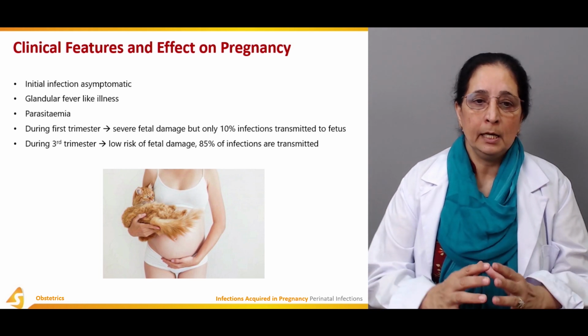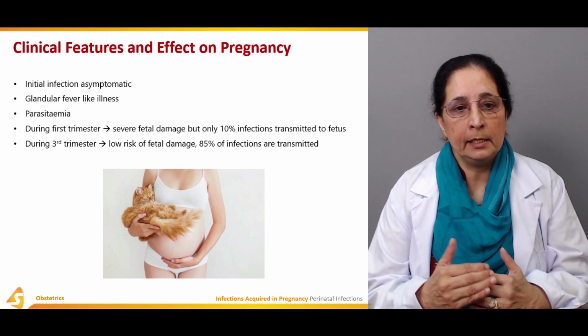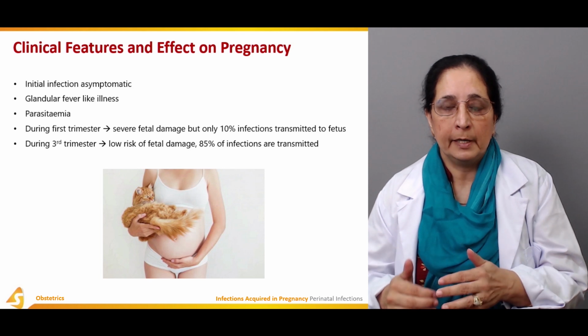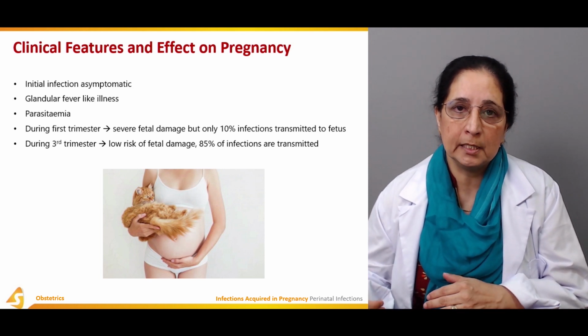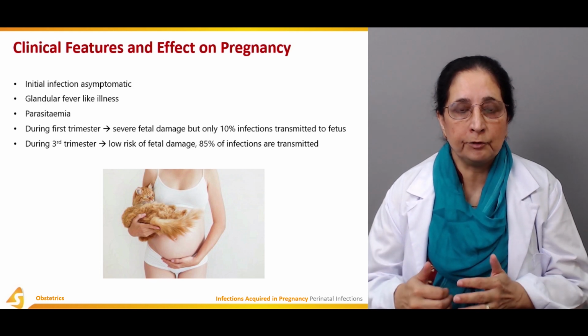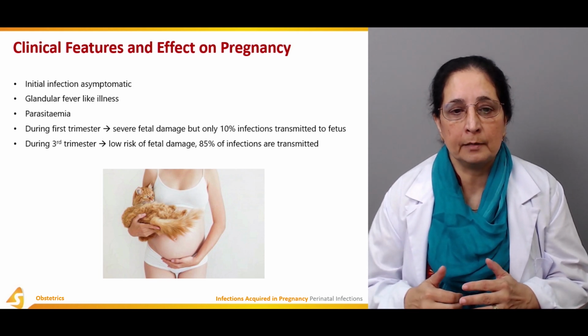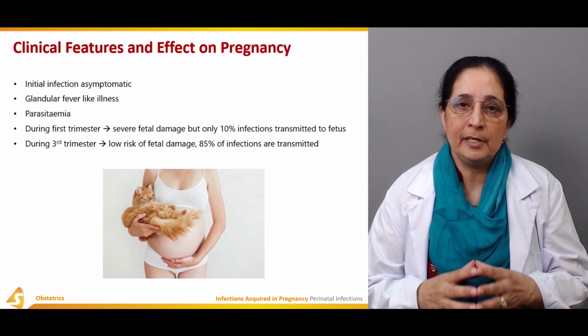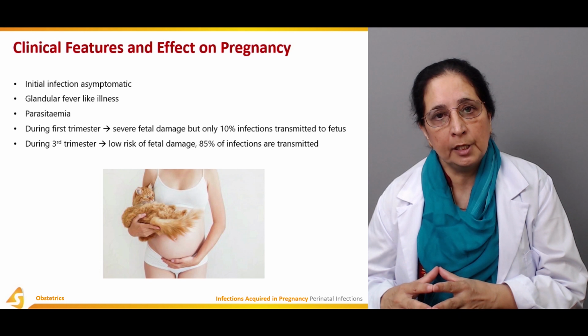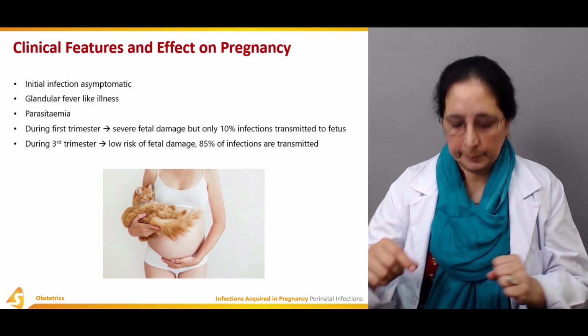So in the first trimester, damage is more severe, but transmission to the fetus is less, only about 10%. But in late pregnancy, in the third trimester, damage to the fetus is less severe, but transmission is more, about 85%.